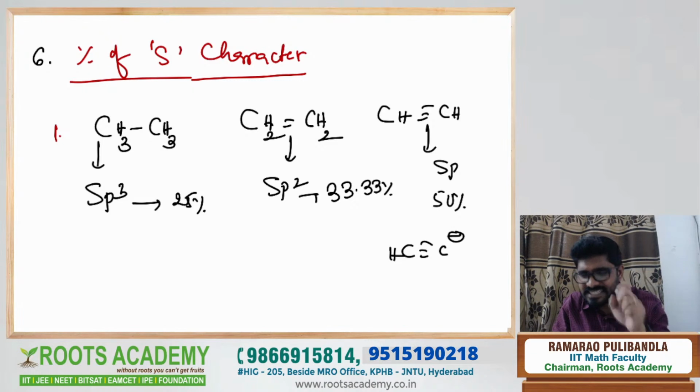That C minus charge can effectively diminish with more S character, because more S means more nuclear charge, because S is closer to the nucleus. More S, more electronegativity. Because of that electronegativity, the charge is effectively diminished, meaning it is making less charge. Automatically, that becomes more stable. If it is more stable, the respective acid is more acidic. Like that, we can decide.